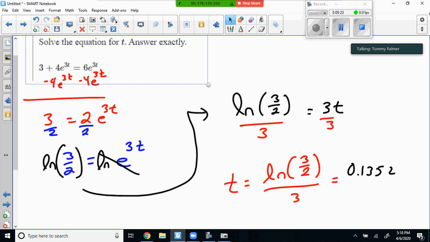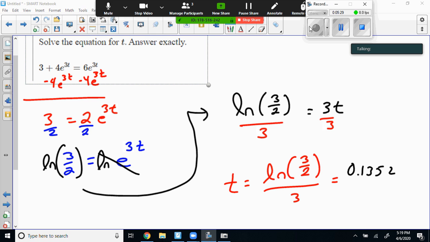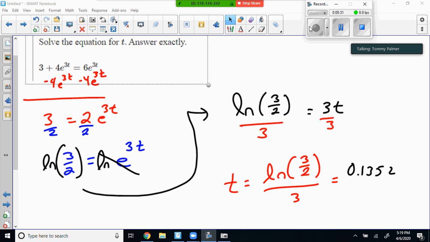Okay, now what we're going to do is go back over here and check it. So I'm going to pause. It verified that the answer was correct. So there you go. That's the easiest way to do this type of problem.